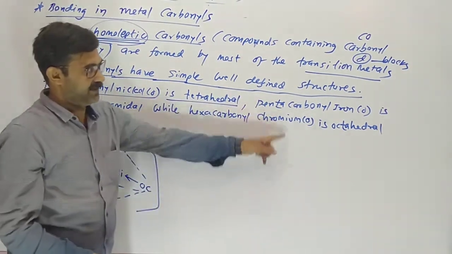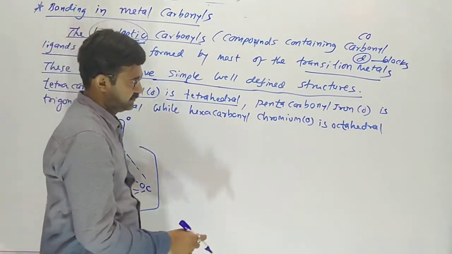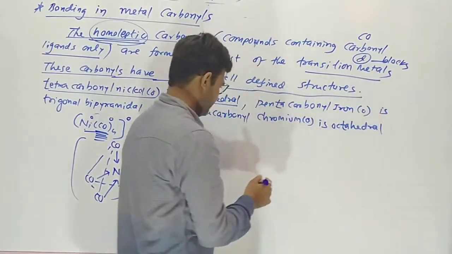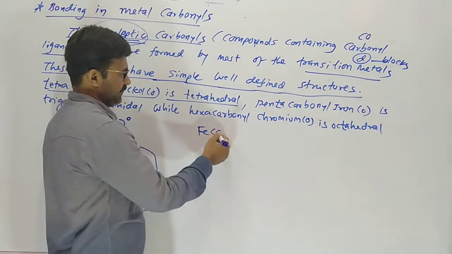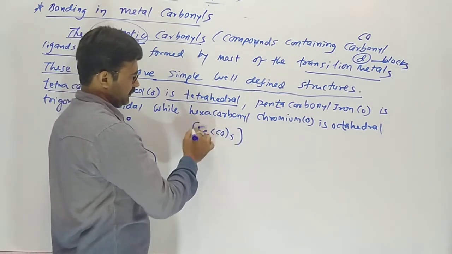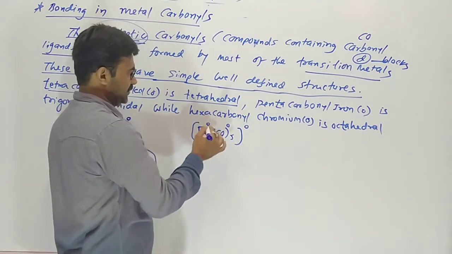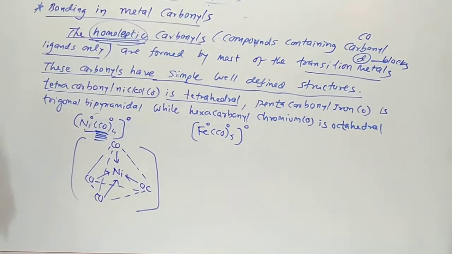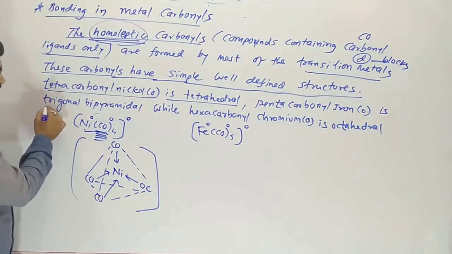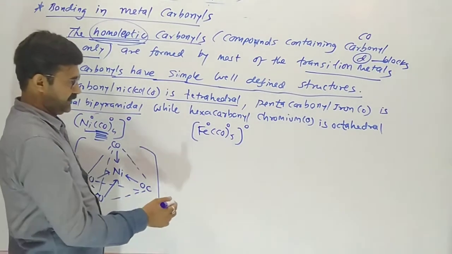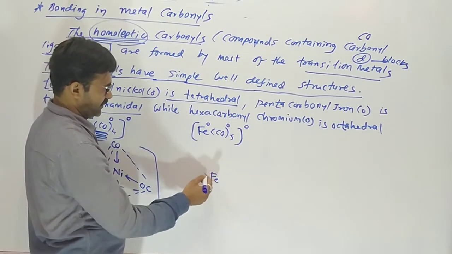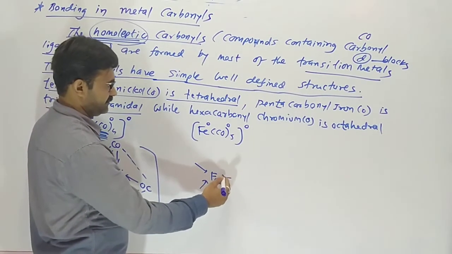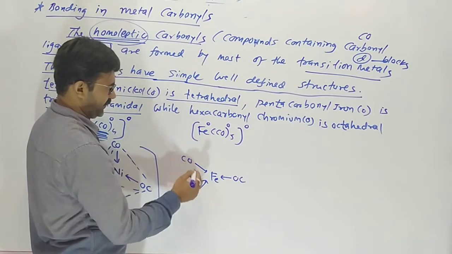Now pentacarbonyl iron(0), Fe(CO)5, here 0, here 0. It is trigonal bipyramidal, meaning 1 Fe with 5 carbonyls.